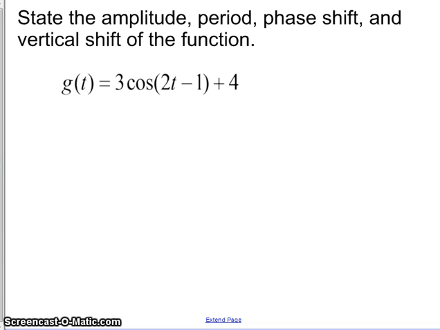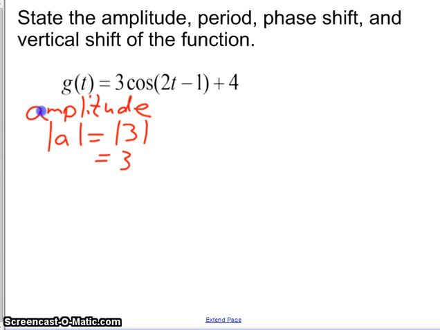All right, state the amplitude, period, phase shift, and vertical shift of the function. Amplitude is the absolute value of A, which in this case is 3. The amplitude is 3.